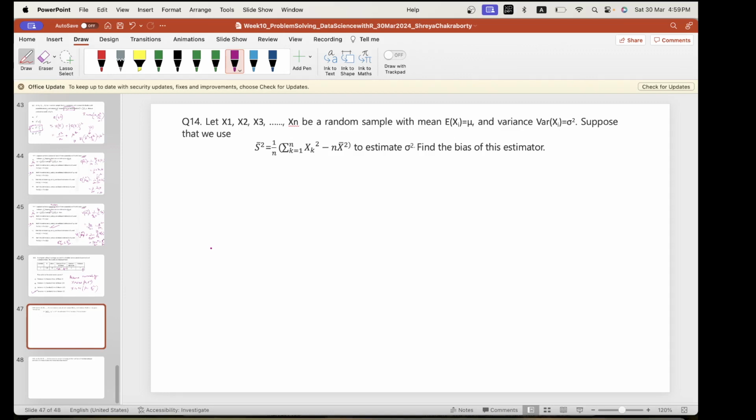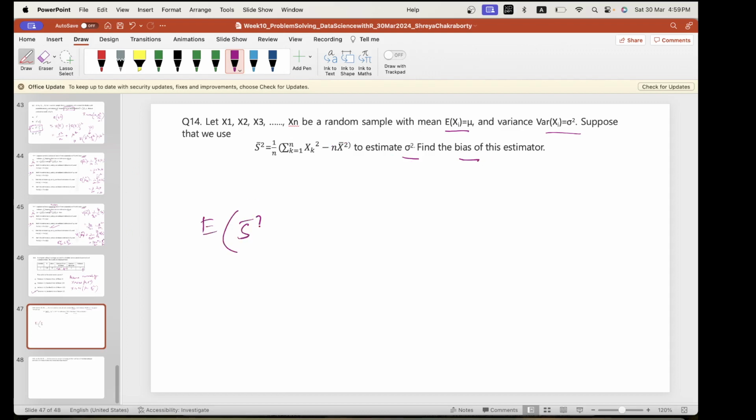So this is, let x1 to xn be a random sample with expectation of x is mu and variance of x sigma square. Suppose we use s bar square as 1 by n summation xk square minus n x bar square to estimate sigma square. Find the bias. So for bias, what do we need to do?